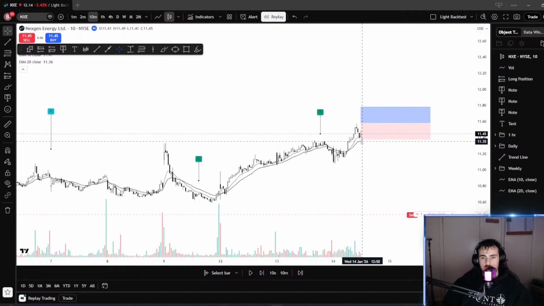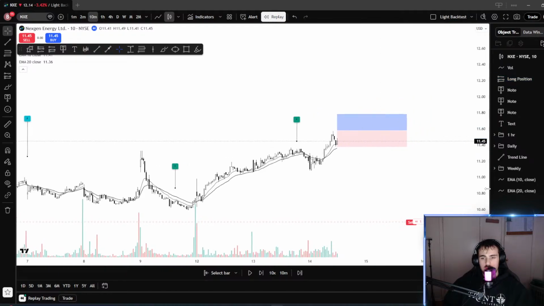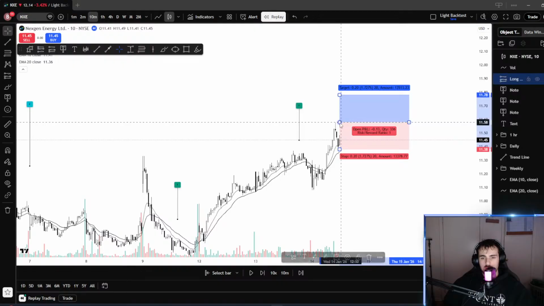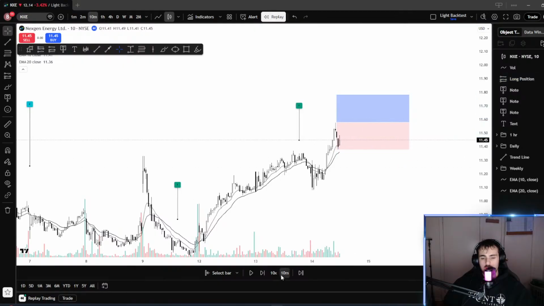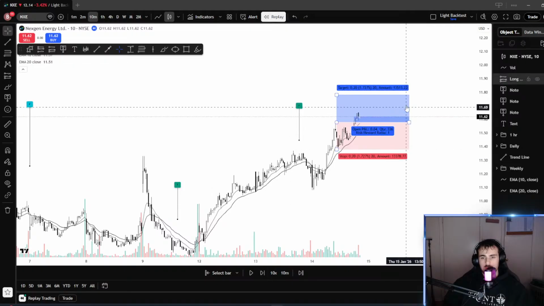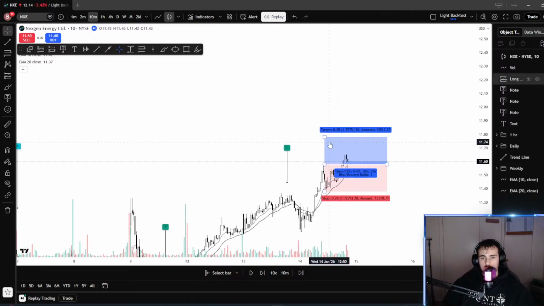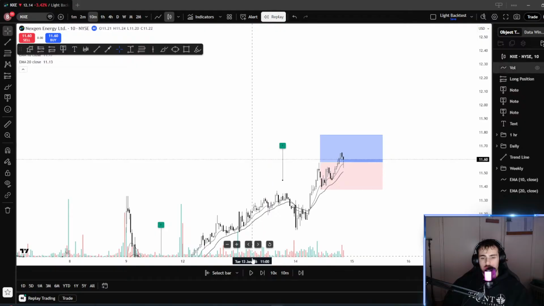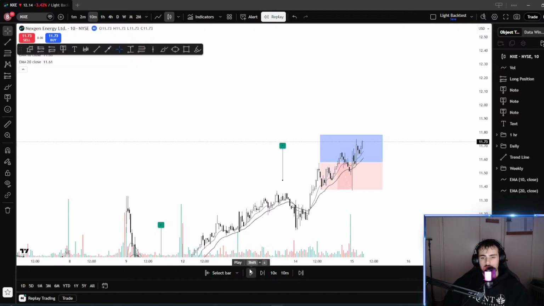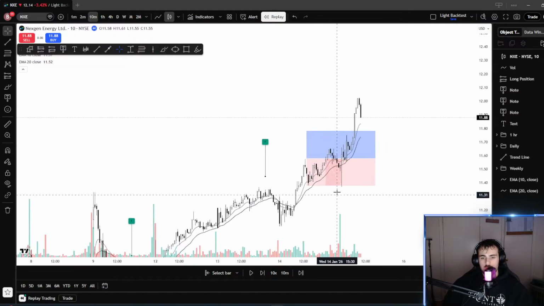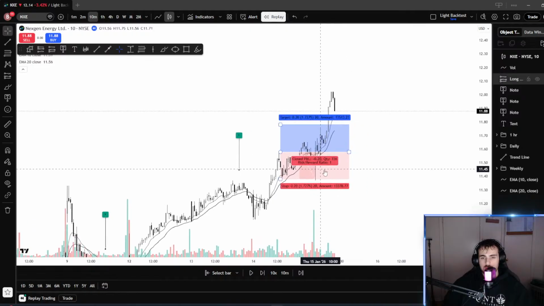This will be a trade if this can break these highs before breaking the lows. My break even is at 1-to-1. So this market's either going to go or fail. Ooh, wicks me out, then goes.